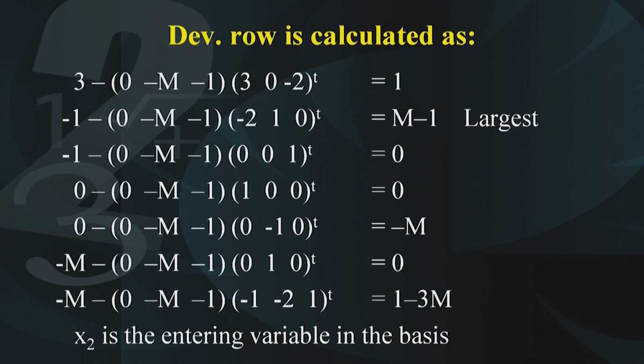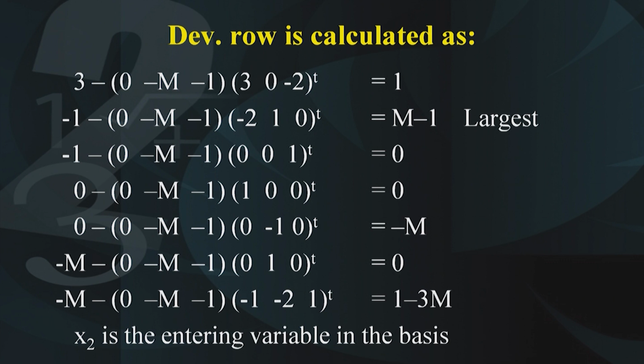Similarly, the second entry is minus 1 minus 0 minus m minus 1 multiplied by minus 2 1 0, which comes out to be m minus 1, and the third entry is minus 1 minus 0 minus m minus 1 multiplied by 0 0 1, which comes out to be 0.